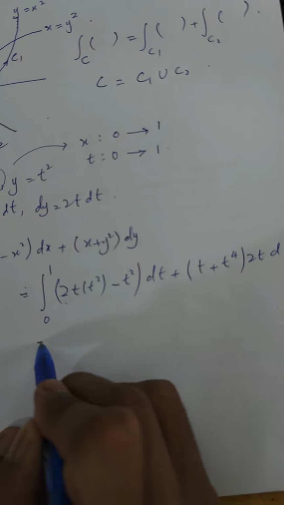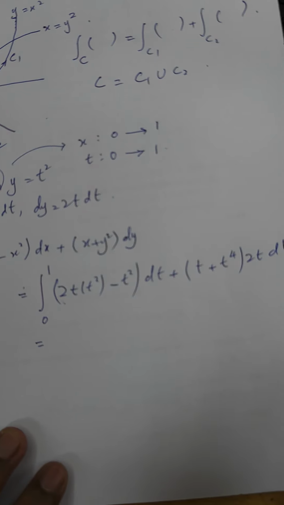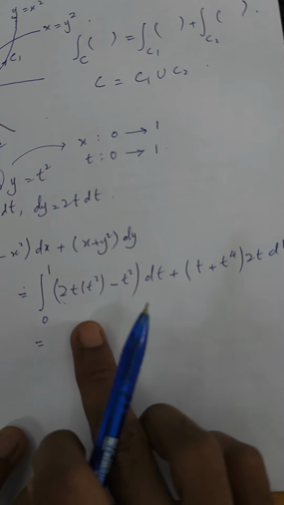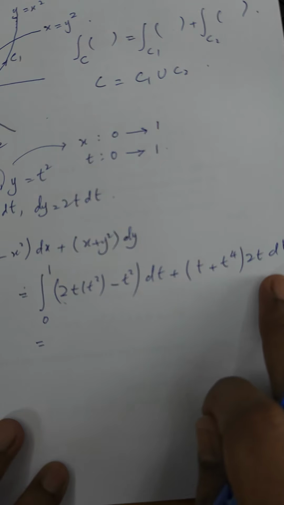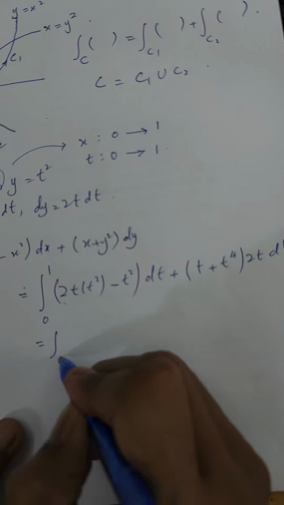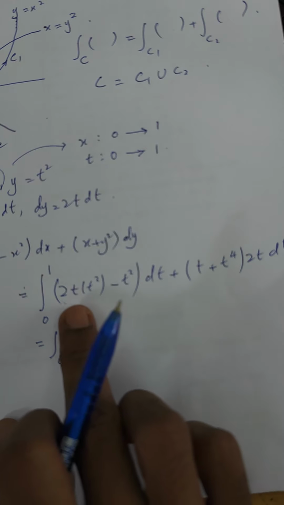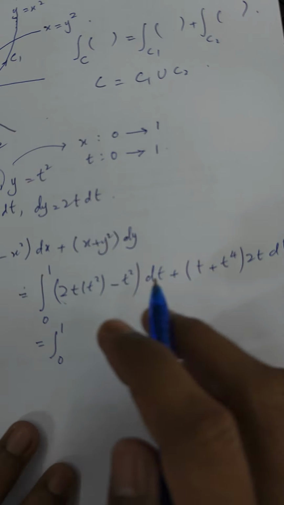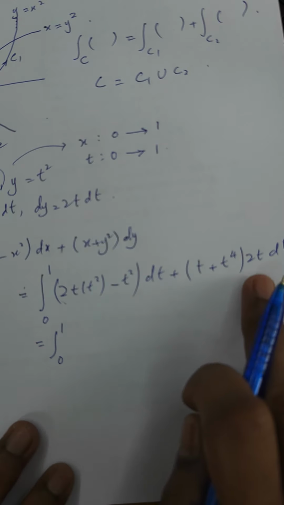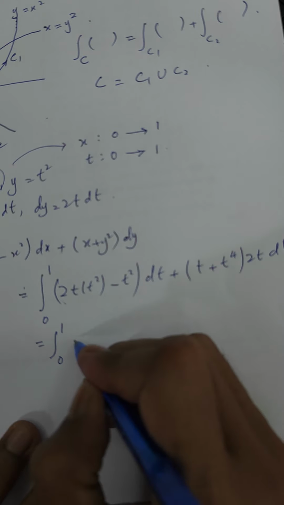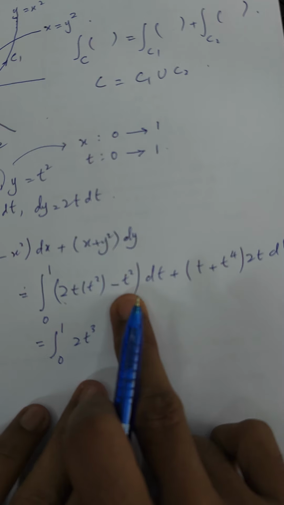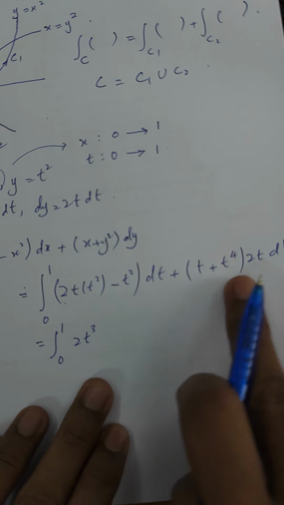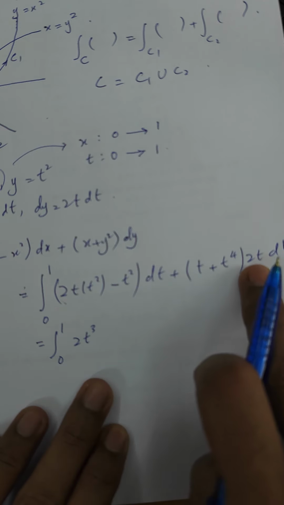So what you have, I think I just want to give you the solution here. This is 0 to 1. So we have this one is 2t cube, minus t squared here, minus 2 squared. So we have 2t squared there.